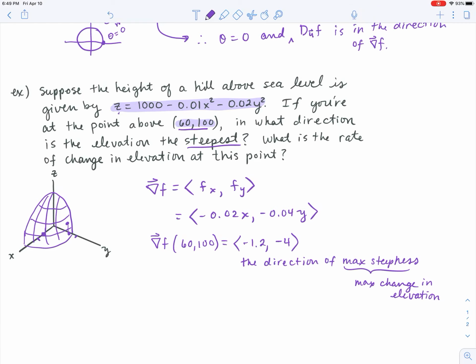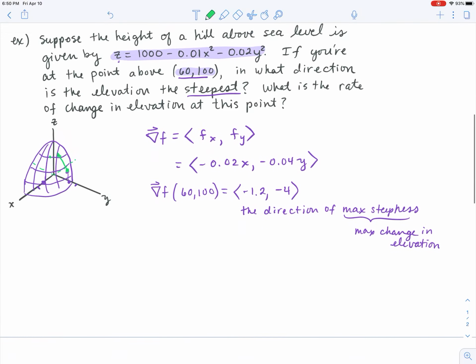So if we're like here on top of the hill, and we want to know which way we're going to go, that is negative 1.2, that's back here, negative 4. So if you notice, it would be like over here somewhere. It's exactly what you would expect it to be. It's probably more like this. It's literally going right up the hill because our curve isn't very interesting.